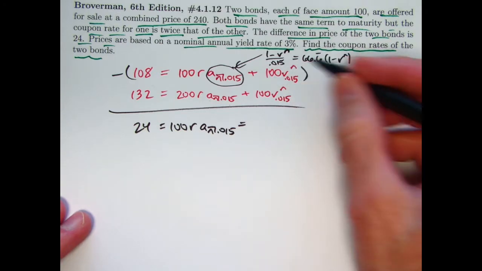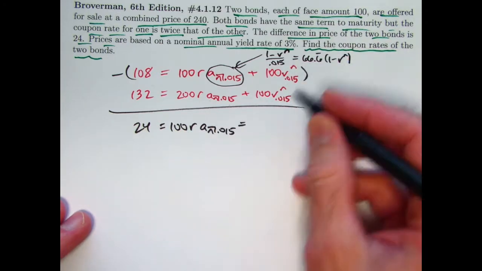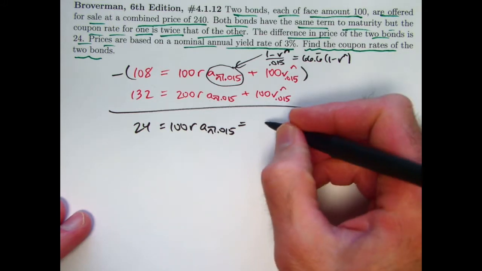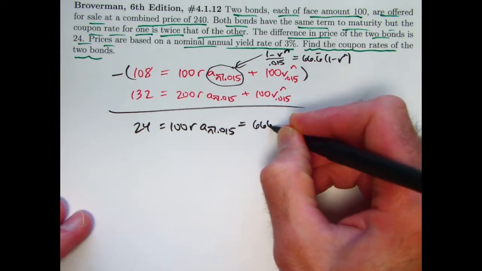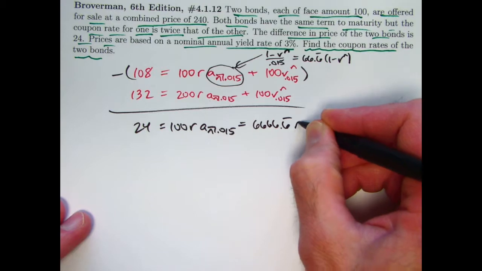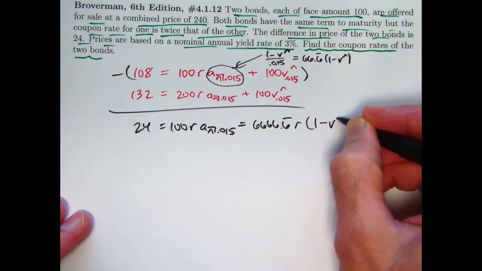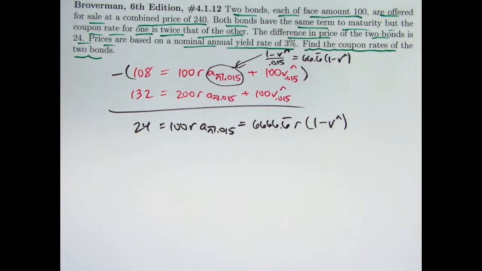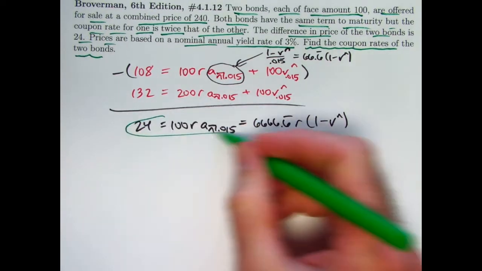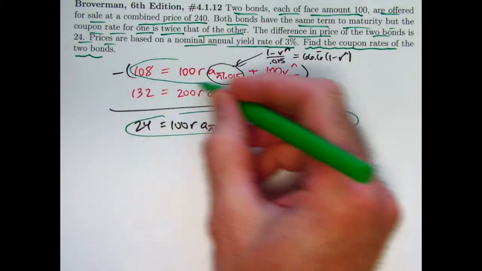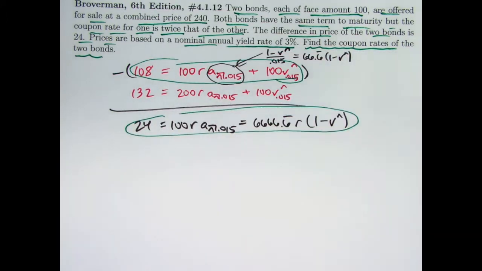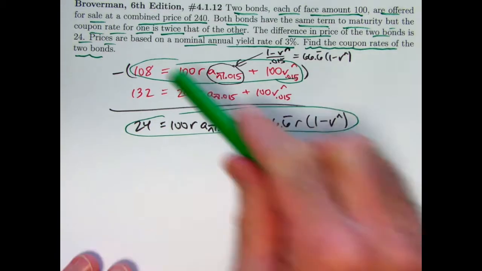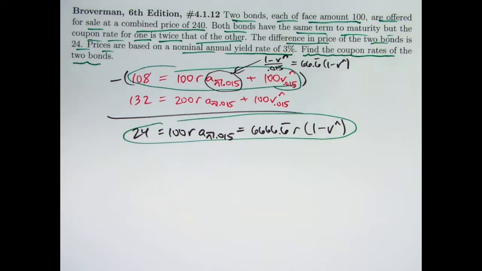Since this thing is that, we can also multiply 100 by 66.6 repeating and get 6,666.6 repeating r times 1 minus v to the n. I'm going to take this equation and this equation and solve that system for r and v to the n, and ultimately my answers are r and 2r for the two coupon rates that I want to find.